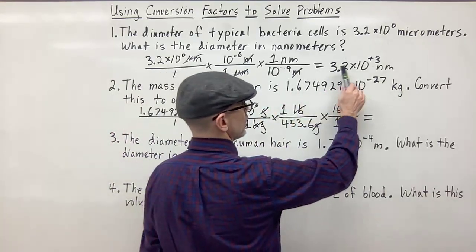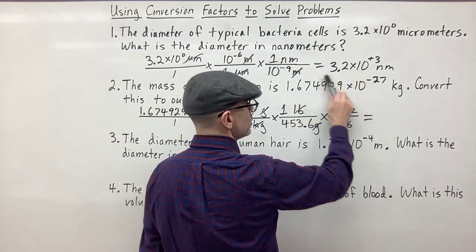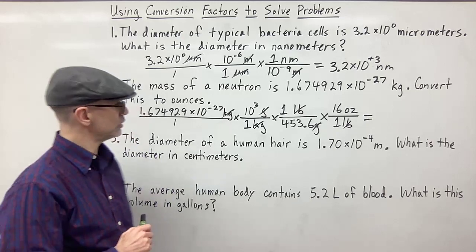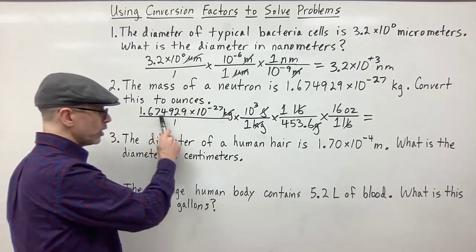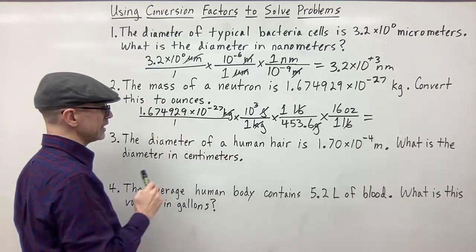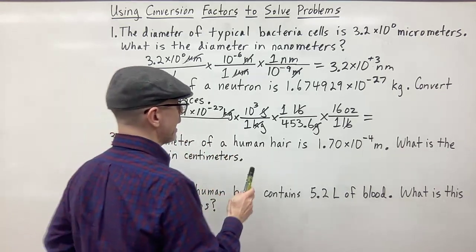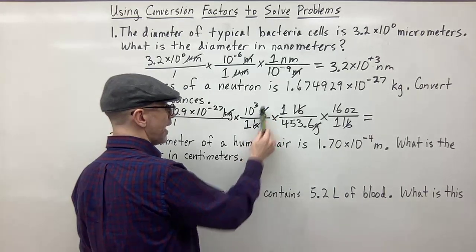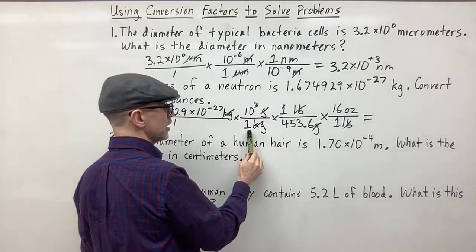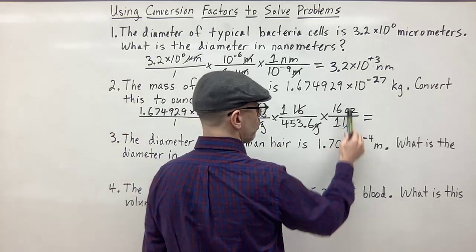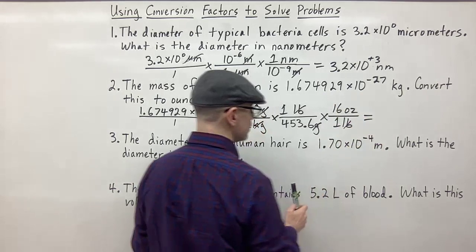In scientific notation, the beginning number is the only number you need to worry about when it comes to significant figures. Now, when we go to this problem here, we have 1, 2, 3, 4, 5, 6, 7 significant figures. And this is exact, so this is going to be ignored. 1 pound is 16 ounces is exact.